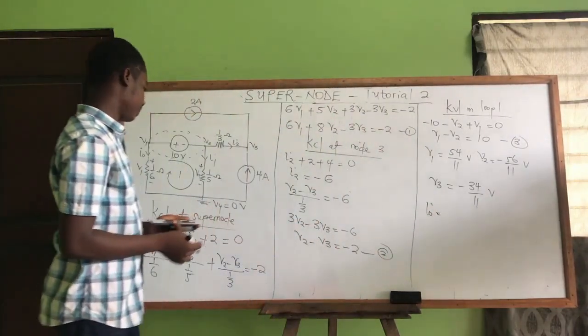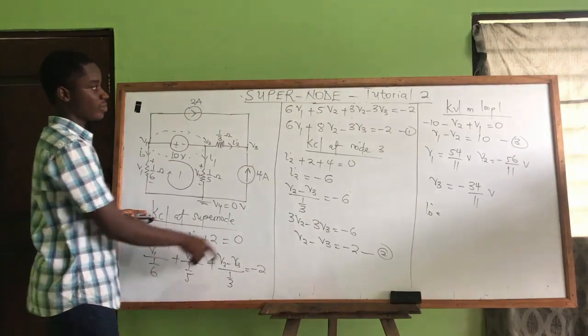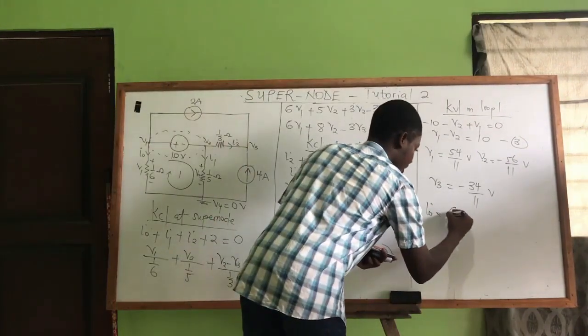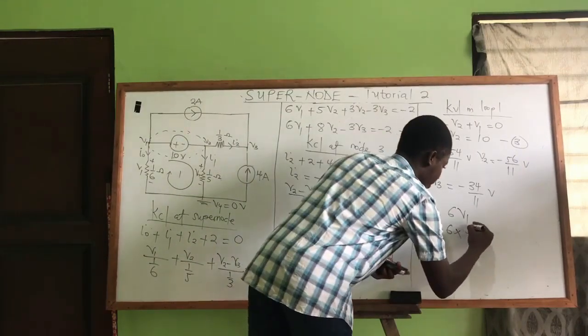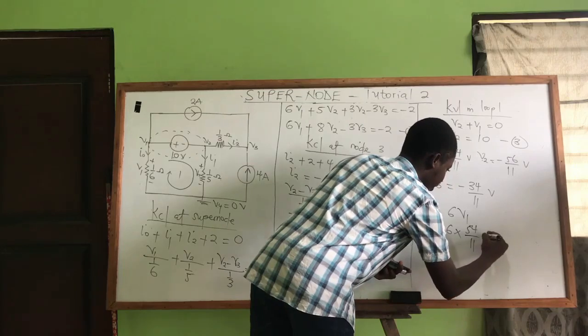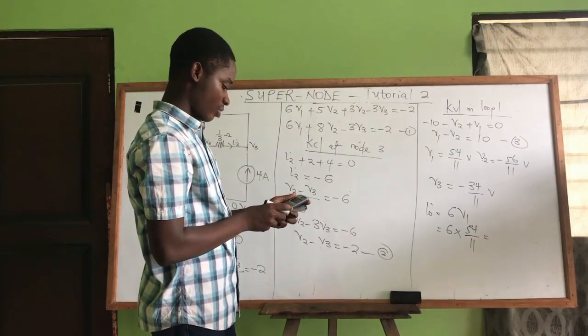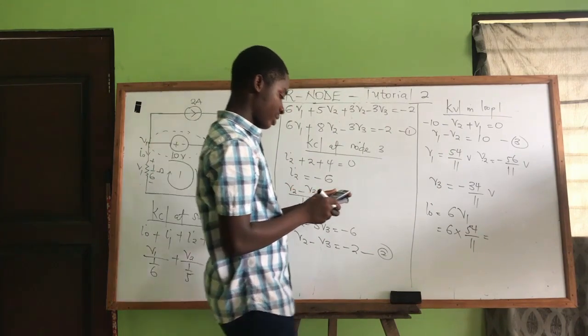From our equation, I0 is V1 over 1/6, which is the same as 6V1. So I0 is 6 times 54/11.